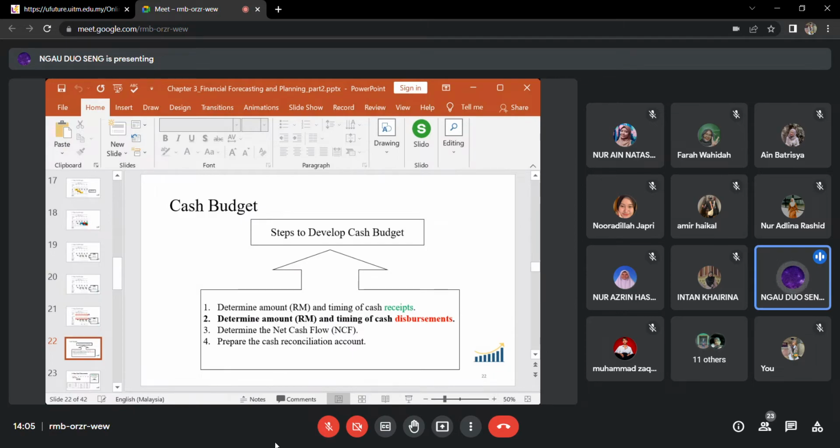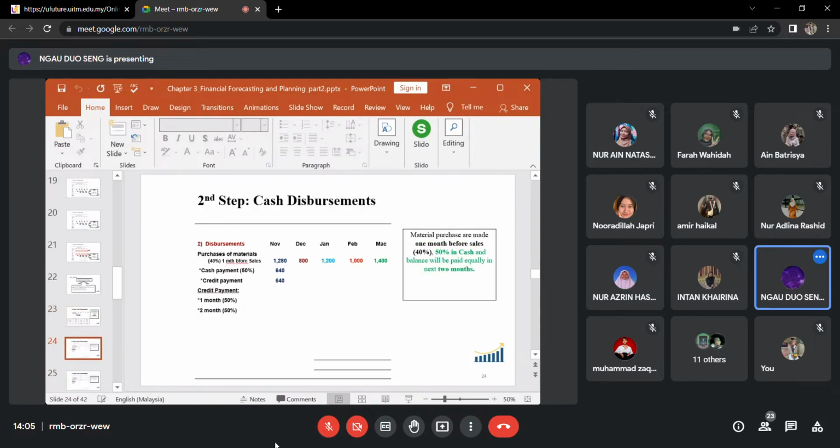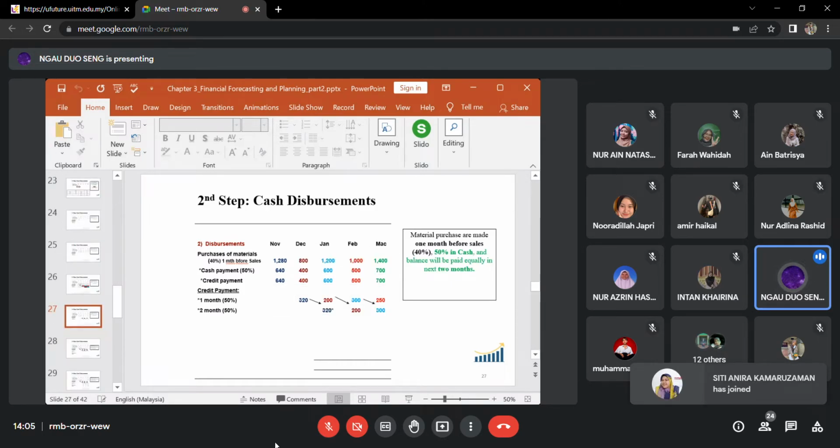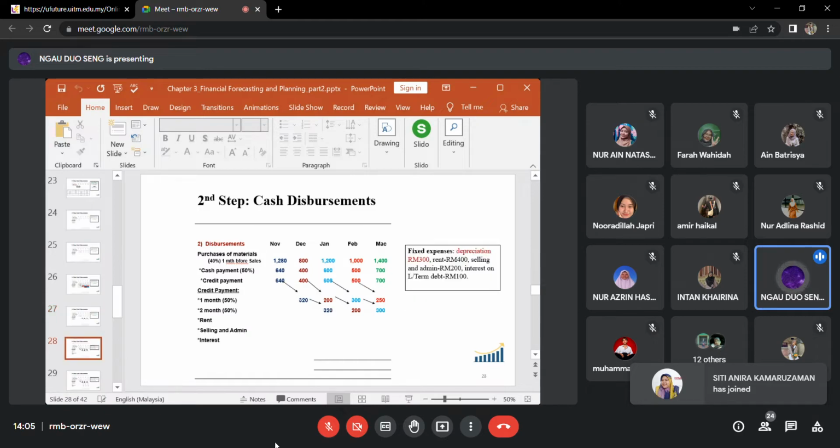Which is the expenses, right? So this one also we have done, right? So the purchase same also we have paid it, right? Maybe after 1 month or after 2 months. Okay, so this one also we have done.